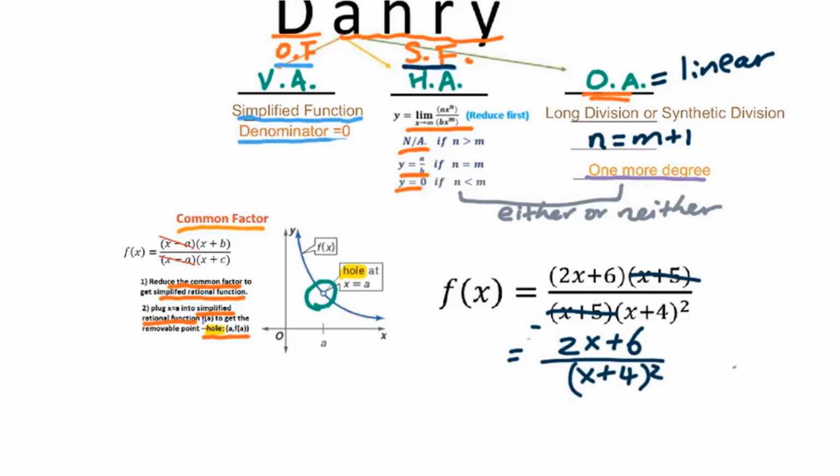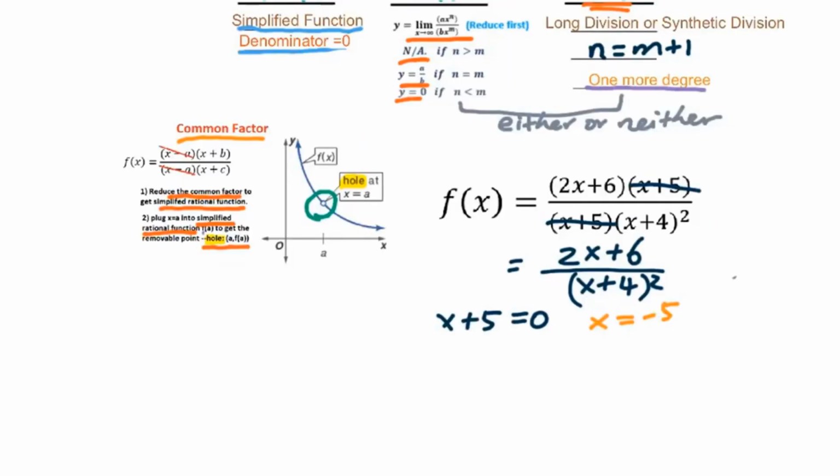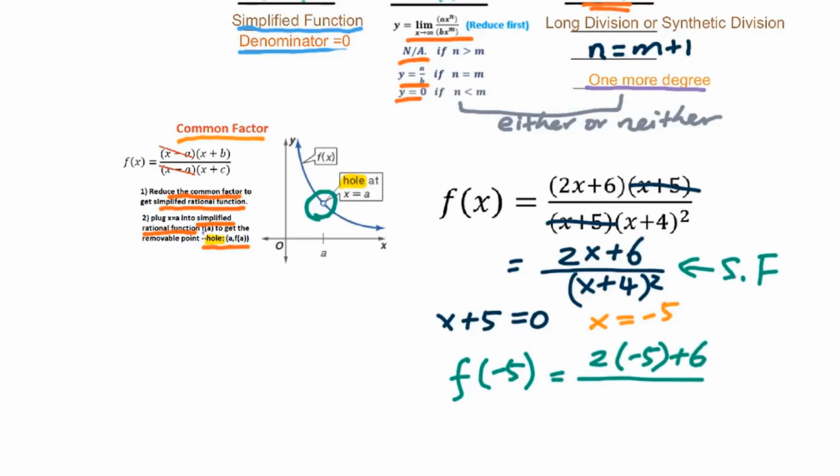How do you get the hole? You set x plus 5 equal to 0, so x equals negative 5. Now you need to plug this negative 5 into this simplified rational function. You will get 2 times negative 5 plus 6 over negative 5 plus 4 squared.